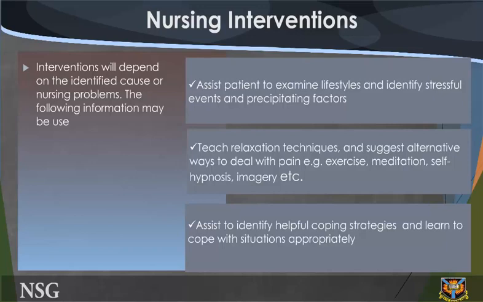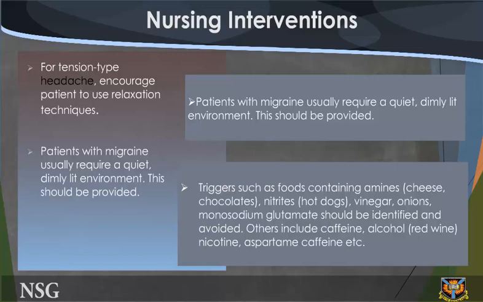Teach relaxation techniques and suggest alternative ways to deal with pain, e.g., exercise, meditation, self-hypnosis, imagery, etc. Assist to identify helpful coping strategies and learn to cope with situations appropriately. For tension-type headache, encourage patients to use relaxation techniques.